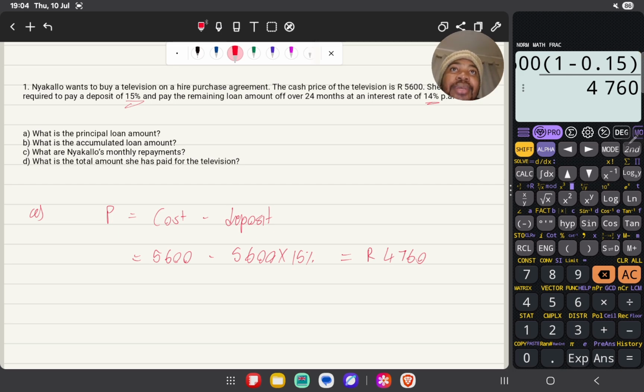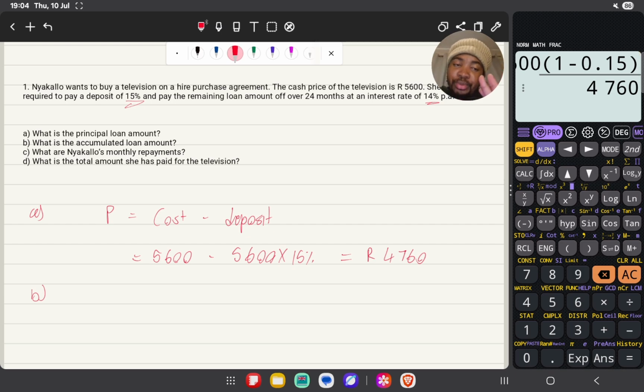After getting my principal, we go to the second question, which asks what the accumulated amount is. With the accumulated amount, I've paid the deposit, and now with the money that I have remaining, I am going to pay it over a duration of 24 months.